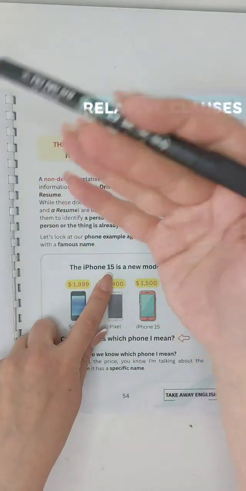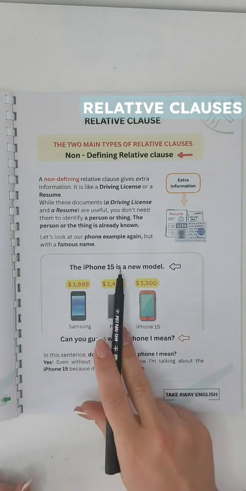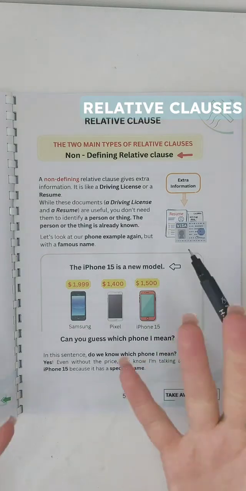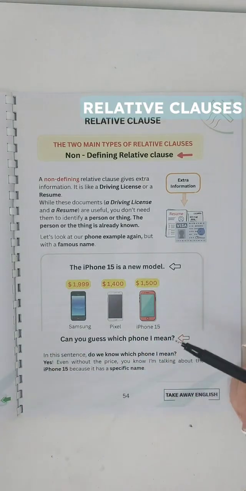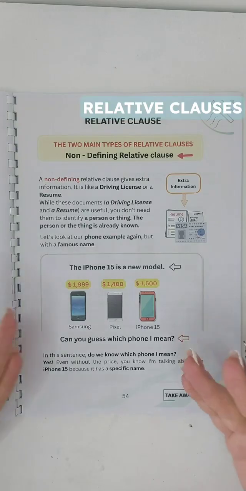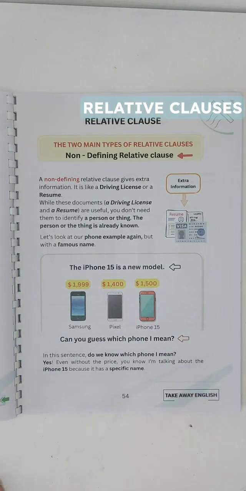Do we need essential information to understand which one? The iPhone 15 is a new model. Do we need essential information here to understand which one? No, right? Here it's optional. Exactly, Shausha. Thank you.